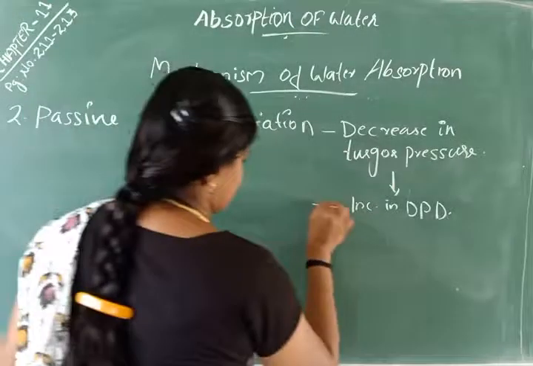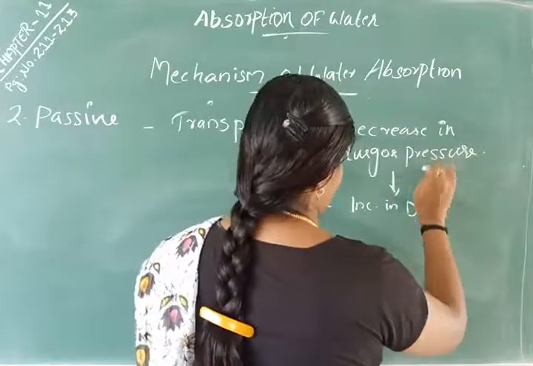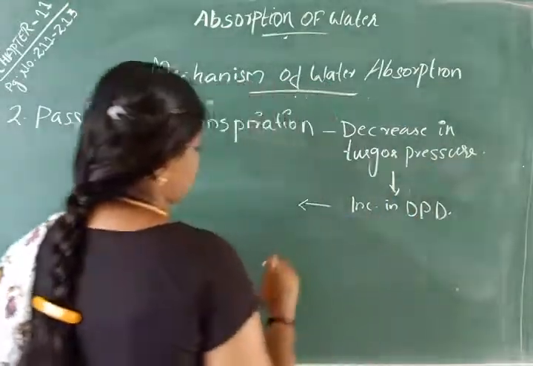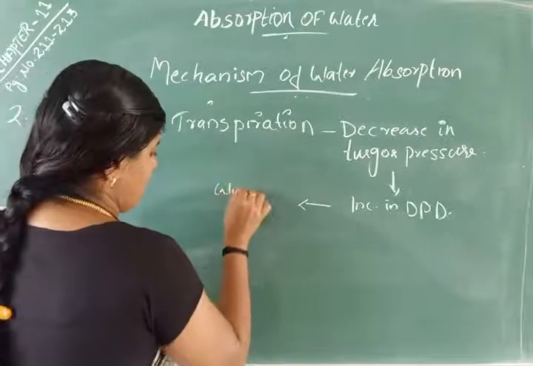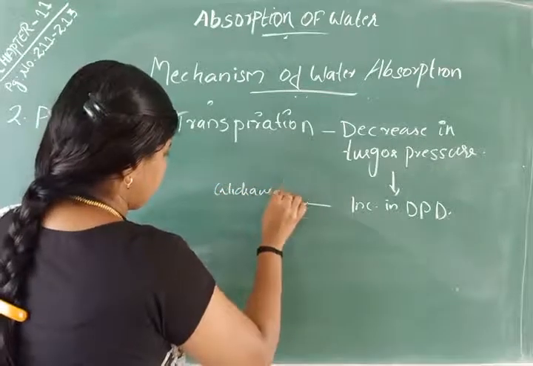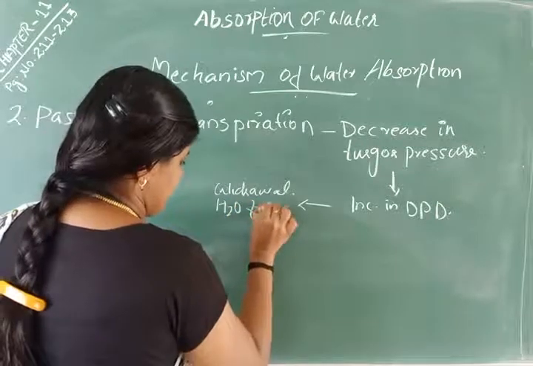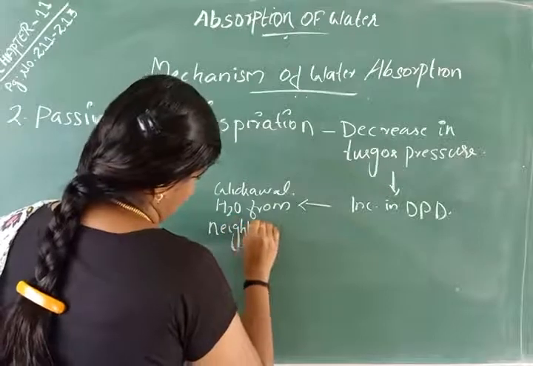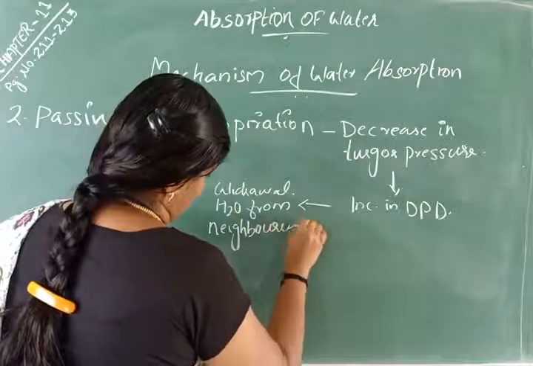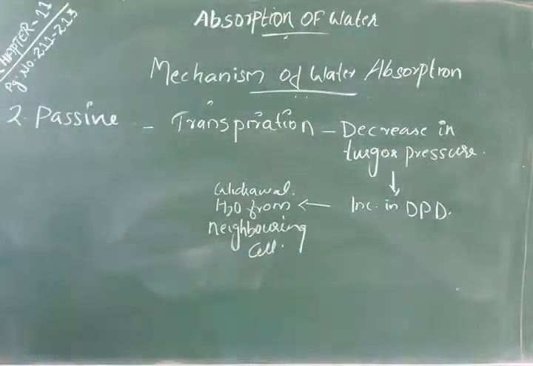So when a cell has low turgor pressure, its diffusion pressure deficit increases. This leads to the withdrawal of water from the neighboring cells.